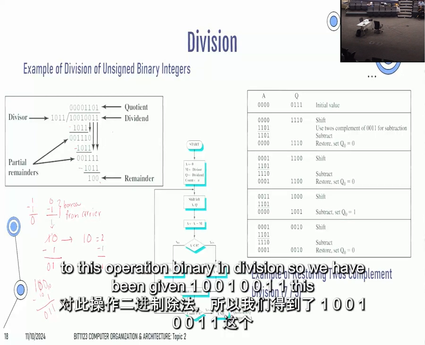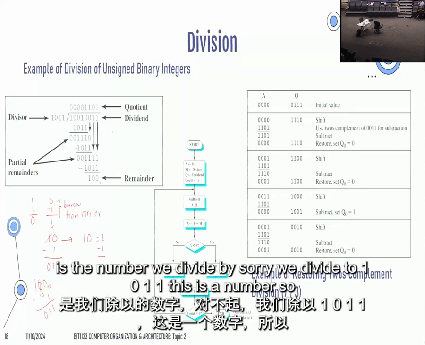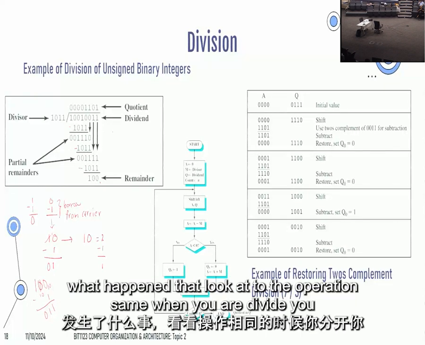So look at this binary division operation. We have been given 10011 divided by 1011. This is the number. So what happened? Look at the operation, it is the same.